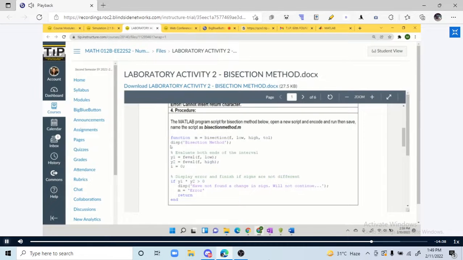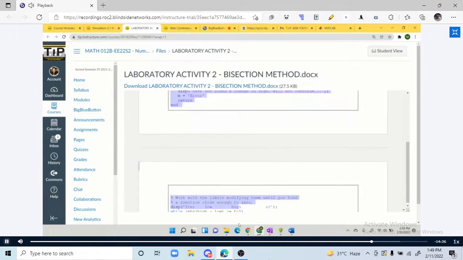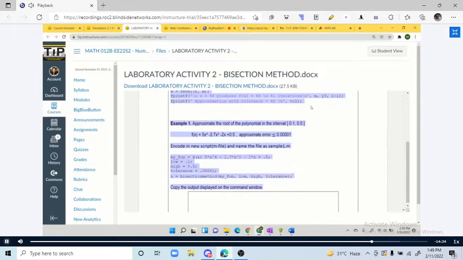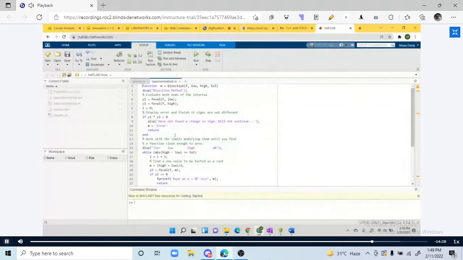Doon ulit, gagawa kayo ng script para magkaroon ng function na bisection. Copy this, all of this. I think wala naman tong error, no?